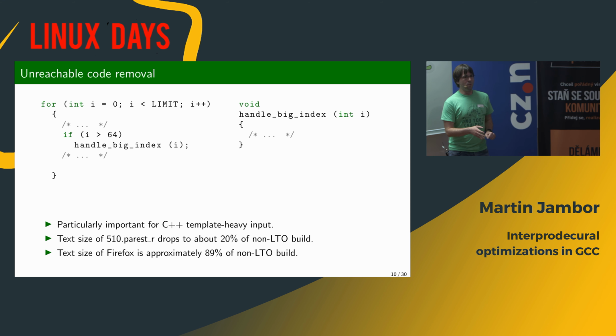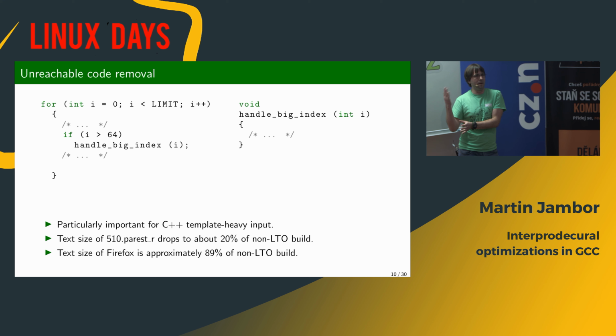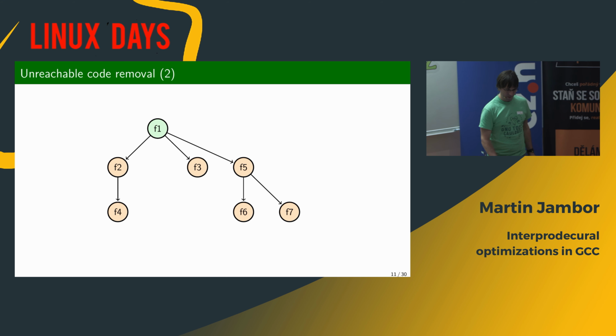It knows that was the only use. That has been inlined, so the offline copy is not necessary. That can also be removed, which, if it is a non-static function without LTO, we do not know. We have to keep the offline copy. That is another way how simple promotion with inlining and unreachable code removal can result in significant size savings during the compilation.